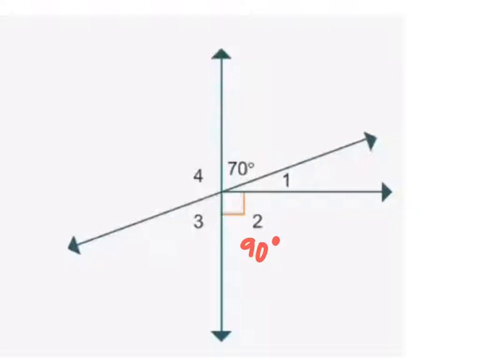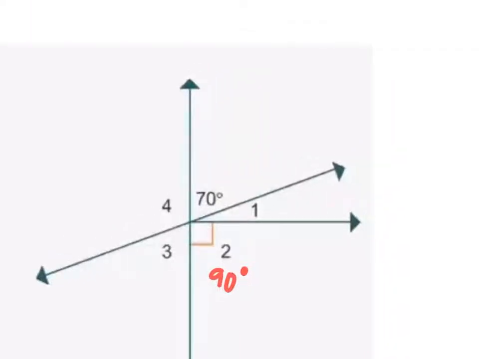Now I also know that I have a straight line here and a straight line here. So what I know is that this angle is 90, which means this whole thing is 180 degrees. If this is 90, I know that this part here is 90. So I'm going to write an equation to solve for angle 1.